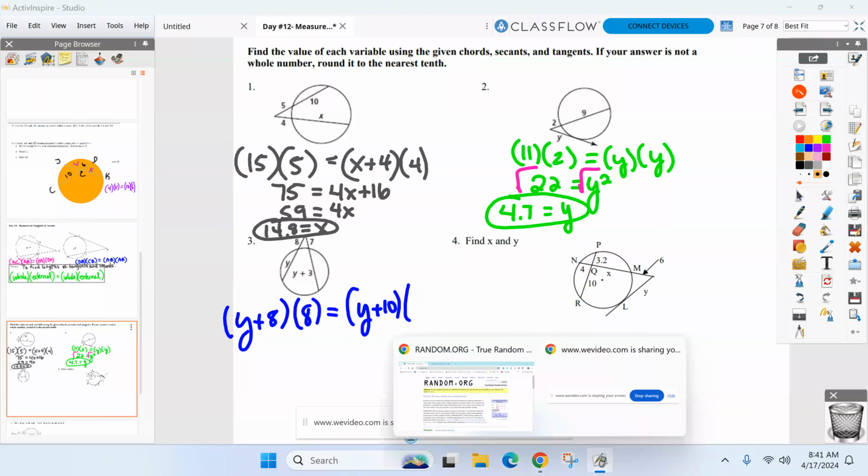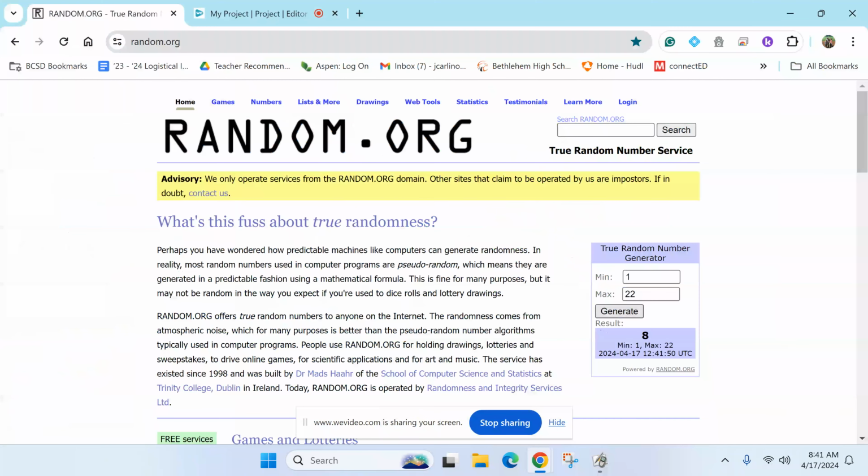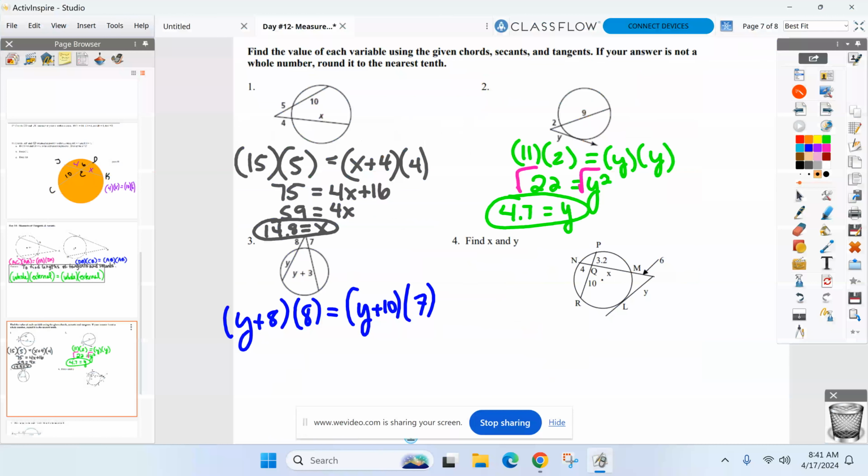And how about the part on the outside of that one? Shara? 7. There you go. Little distribution, and you're on your way.